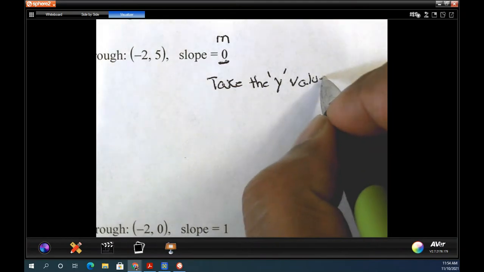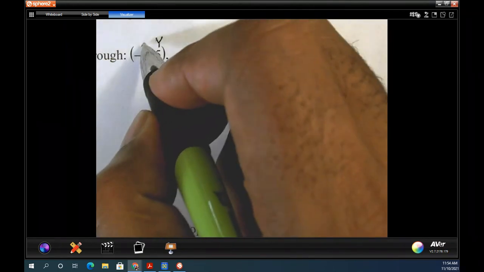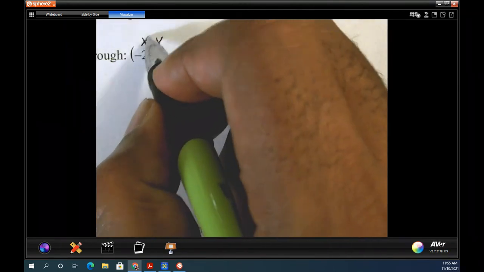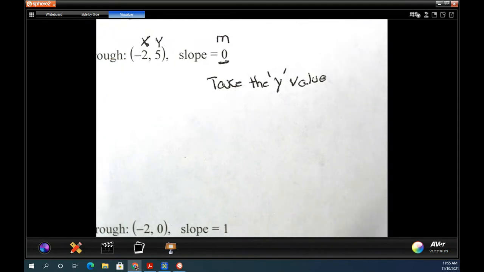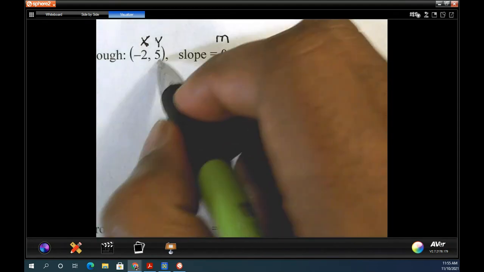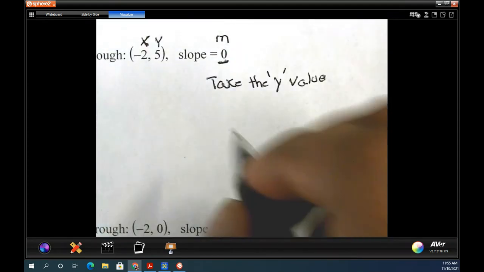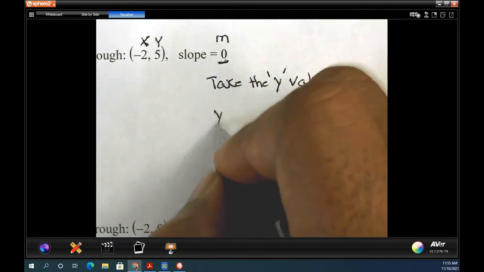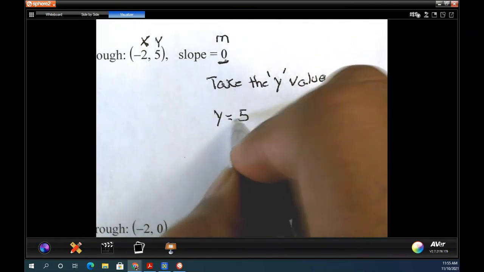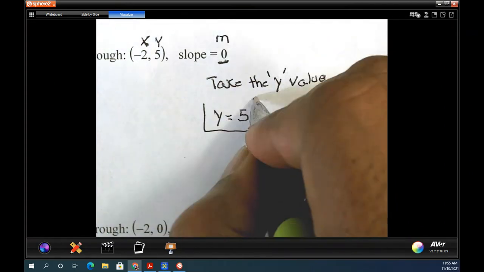What I mean by that is this. Here's your y. By the way, somebody was in tutorials yesterday, didn't know xy. This was x and y. Here's your x value. There's your y value. So your answer to this one would just be y equals 5. That's the answer.